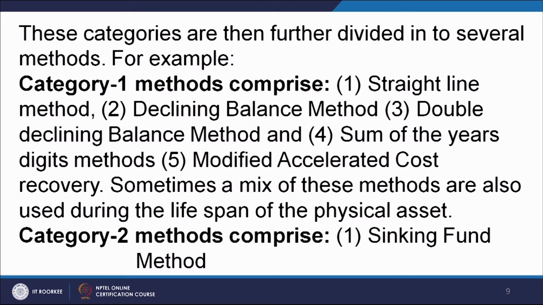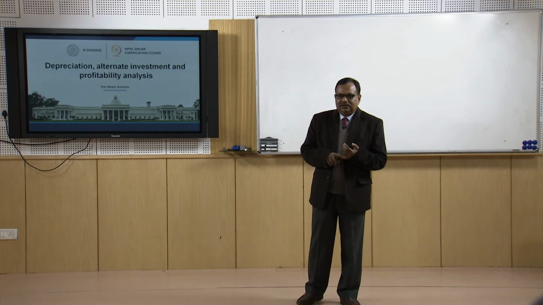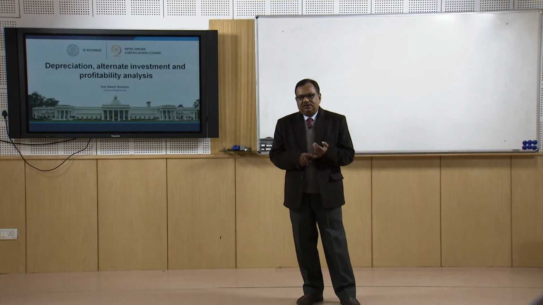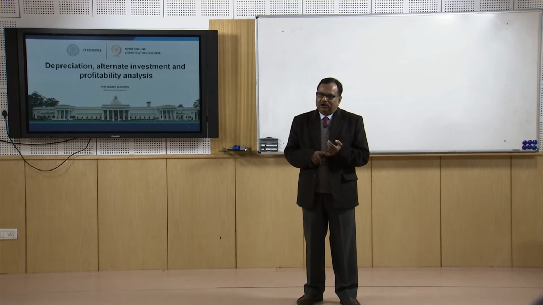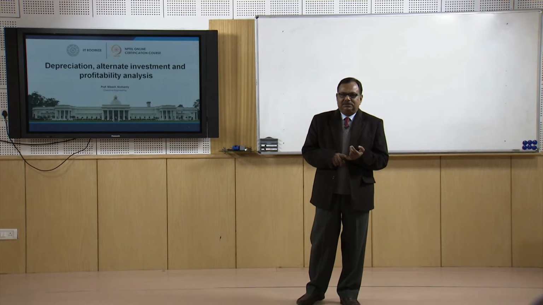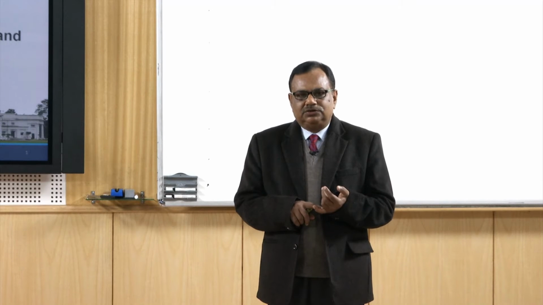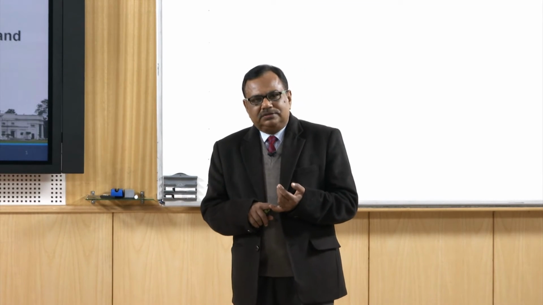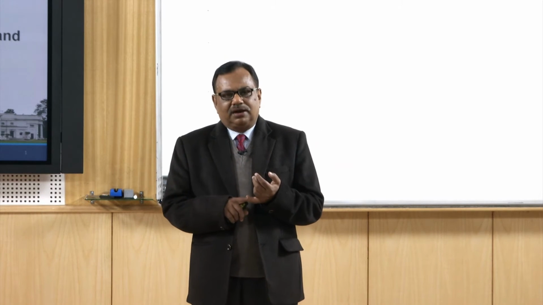Sometimes a mix of these methods is also used during the lifespan of the physical asset. In later lectures we will find that the declining balance method is used along with the straight line method, or the double declining balance method is also used with the straight line method to come to the salvage value, that we will see later in our lectures.